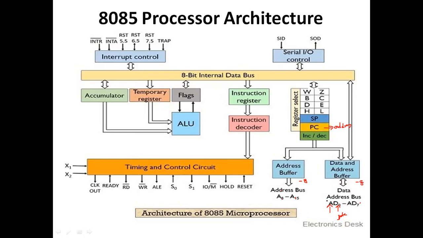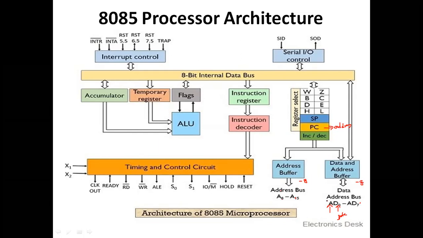If you are going to send an 8-bit address, 8 lines are required. If you want to send 16 bits, 16 lines are required. So if you keep separate lines for the address bus and separate lines for the data bus, it will be more clumsy and very difficult.